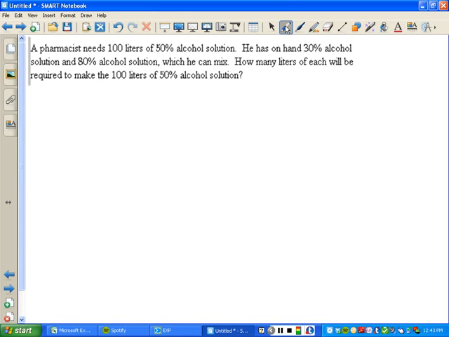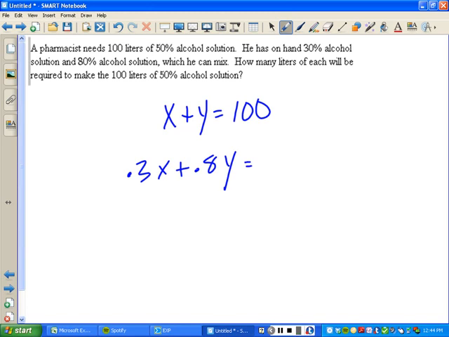Got to have 2 equations, right? The first one's going to be what? X plus Y equals 100. Now, 0.3X plus 0.8Y equals 0.5 times 100.